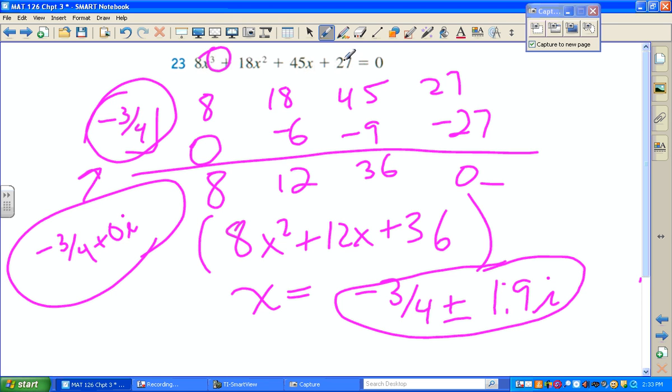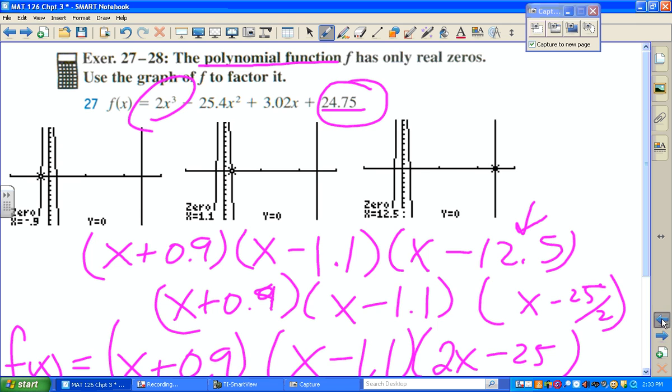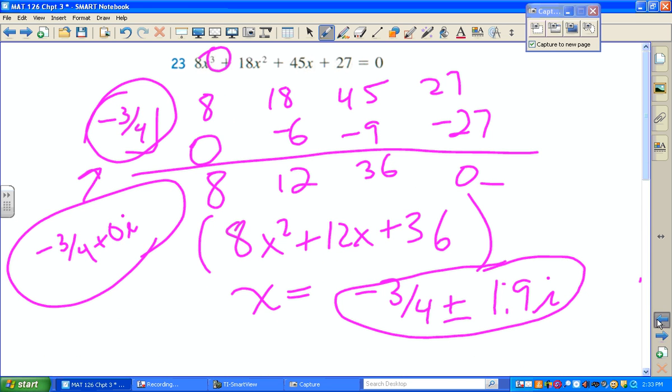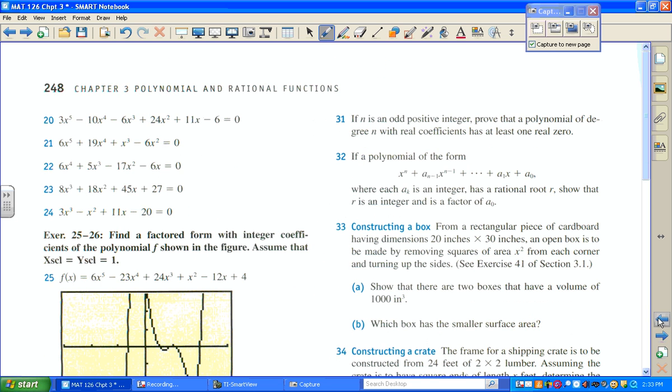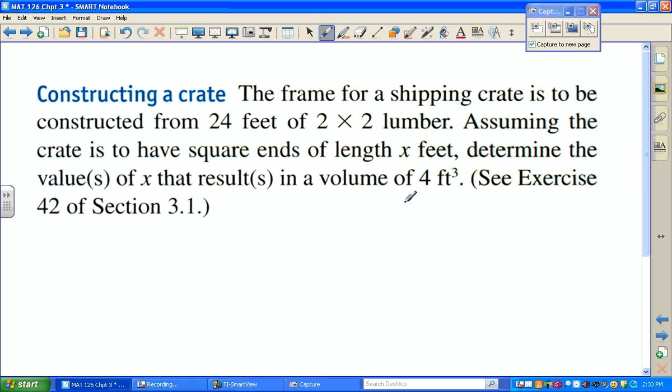Nice. Are we moving on? Did you get it? Yeah. Good. All right, ready to move on? I've only got a few. Since we've done these and those, we'll finish up the section and then just do a few problems.